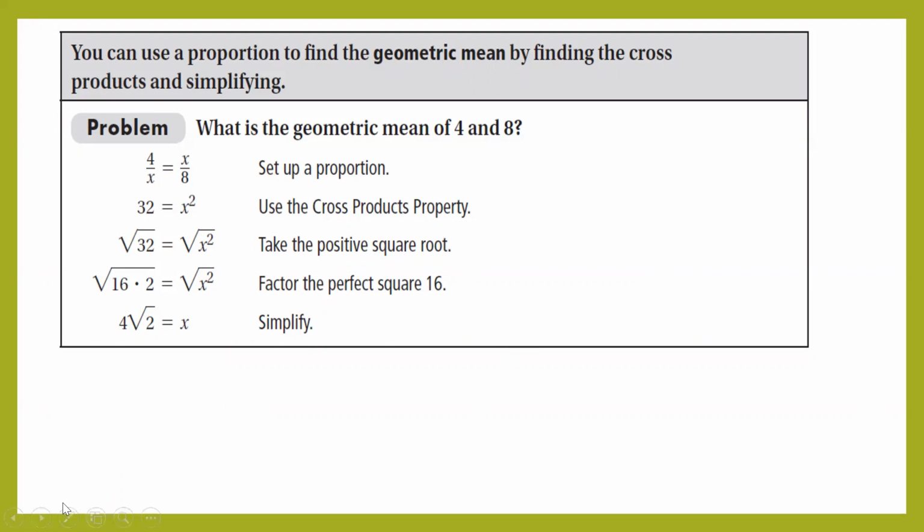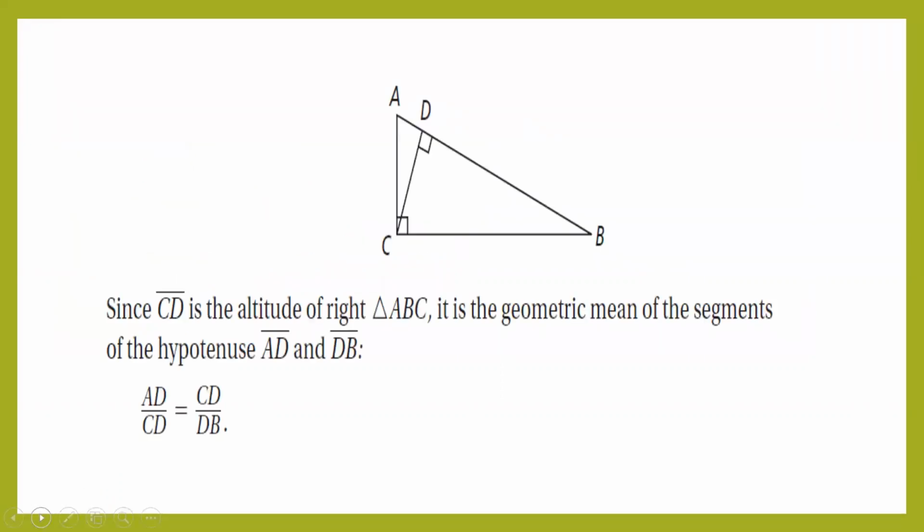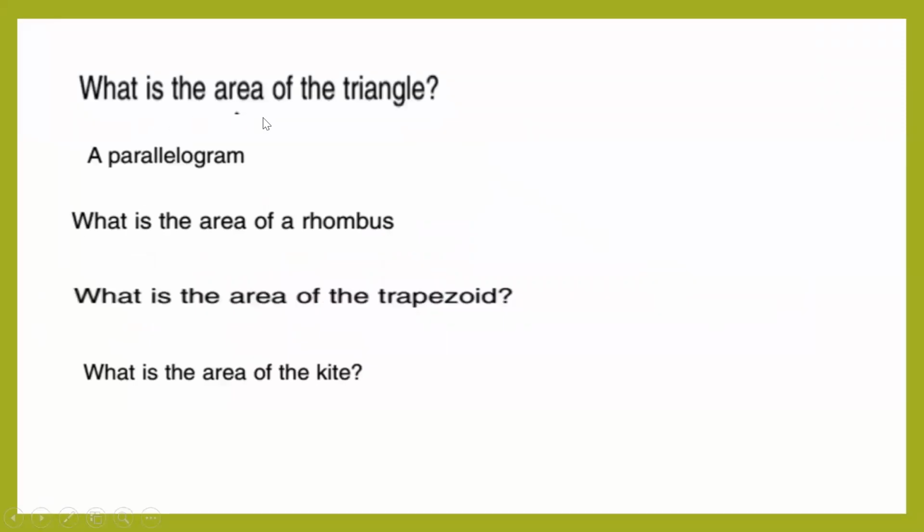Let's go on to the next. What is the area of the triangle? The area of any triangle is half base times height. If I have my triangle with a perpendicular line, this is my height and this is my base.